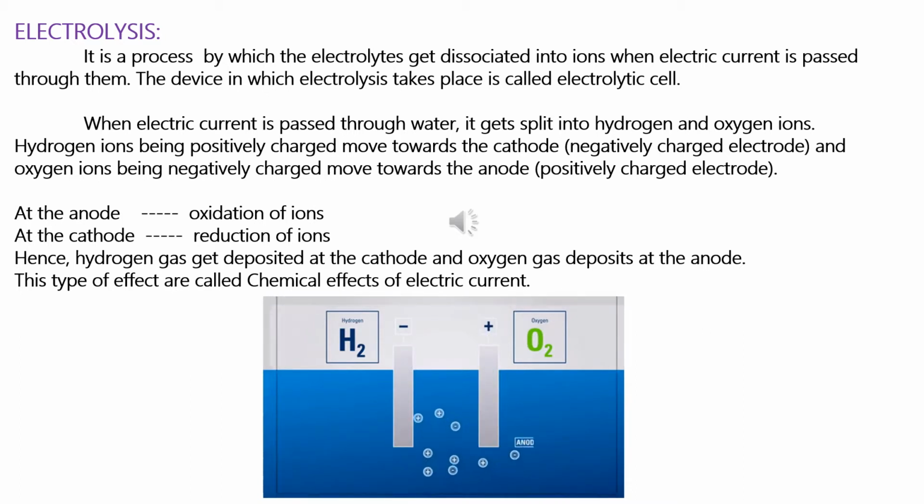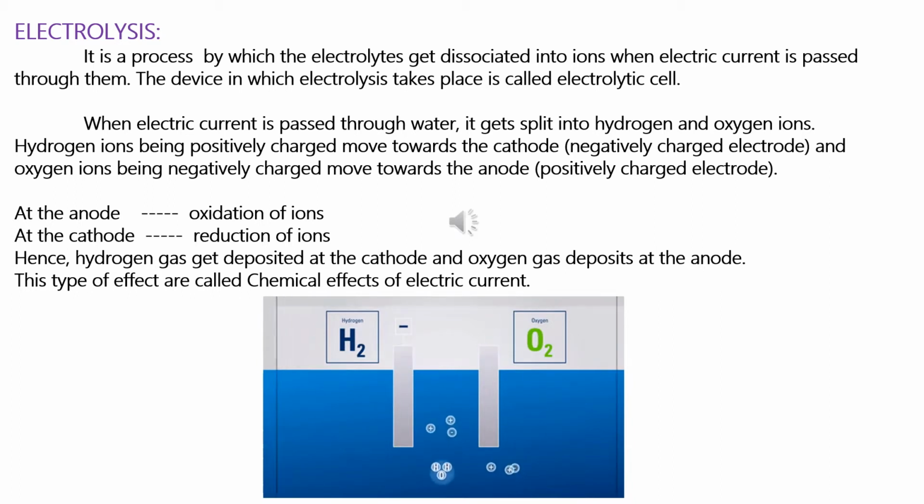The device in which electrolysis takes place, we call the total device an electrolytic cell. In that electrolytic cell, we have electrodes, that is rods, followed by a solution, the electrolyte. When the electric current passes through the water, which is made up of hydrogen and oxygen, it immediately splits the hydrogen and the oxygen.